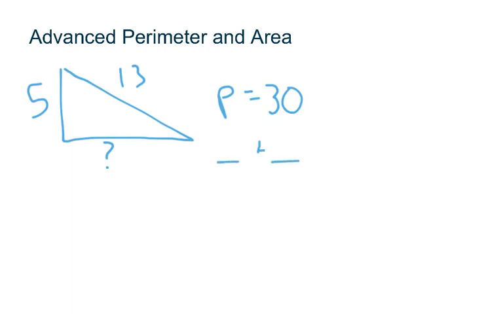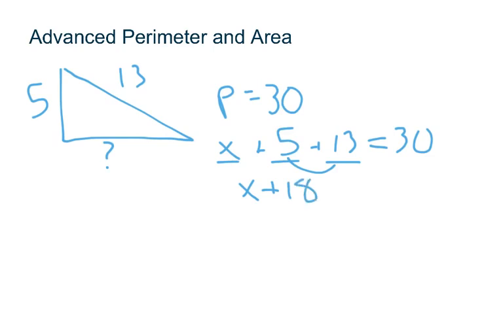We have three things, the three side lengths are being added up and are equal to 30. So we'll take our unknown, put that there, and then the other two knowns we do have, and now solve. So x, combine our like terms, plus 18 is equal to 30. Subtract 18 from both sides, and x has to equal 12. So that's how we can make a perimeter problem more complicated.